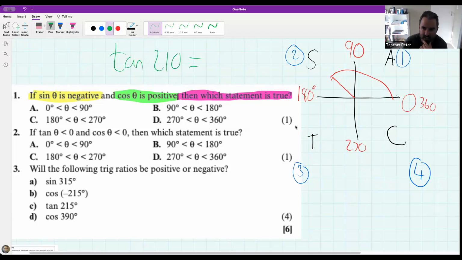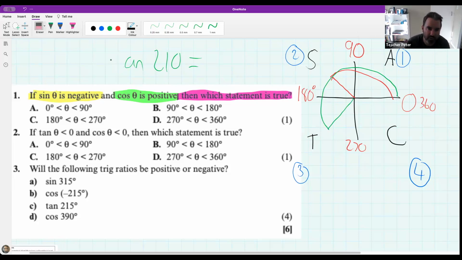Okay, now, using the same cast diagram, I want you to tell me, what is the tan of 210 going to be? Is it going to be positive or is it going to be negative? Now, 210 would give me an angle all the way around. Is the tan of 210 going to be positive or negative? Oh, okay, it's positive because you ended up in quadrant 3, and in quadrant 3, tan is positive.